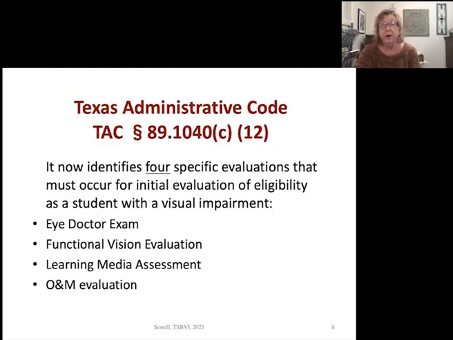Texas Administrative Code tells us that 4 specific evaluations must occur for initial evaluation of eligibility as a student with a visual impairment. Those 4 evaluations are a doctor's exam report, a functional vision evaluation, a learning media assessment, and an O&M evaluation.